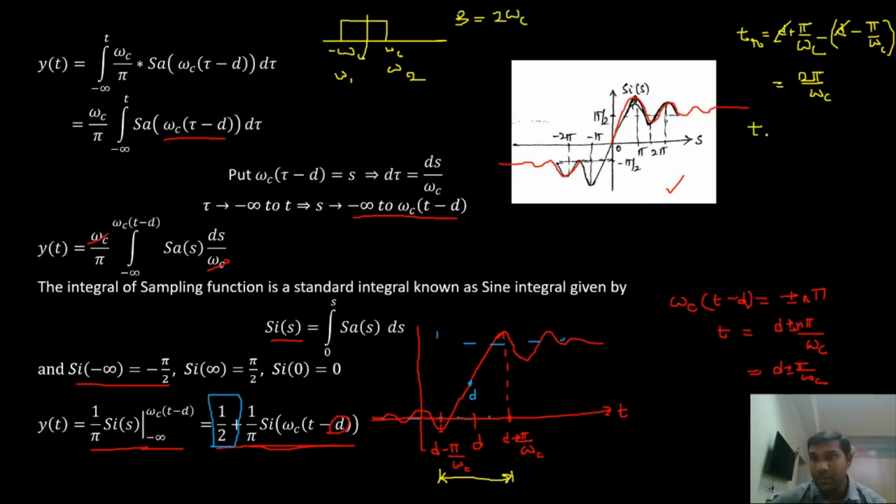Now my tr is going to be 2 pi divided by omega c.